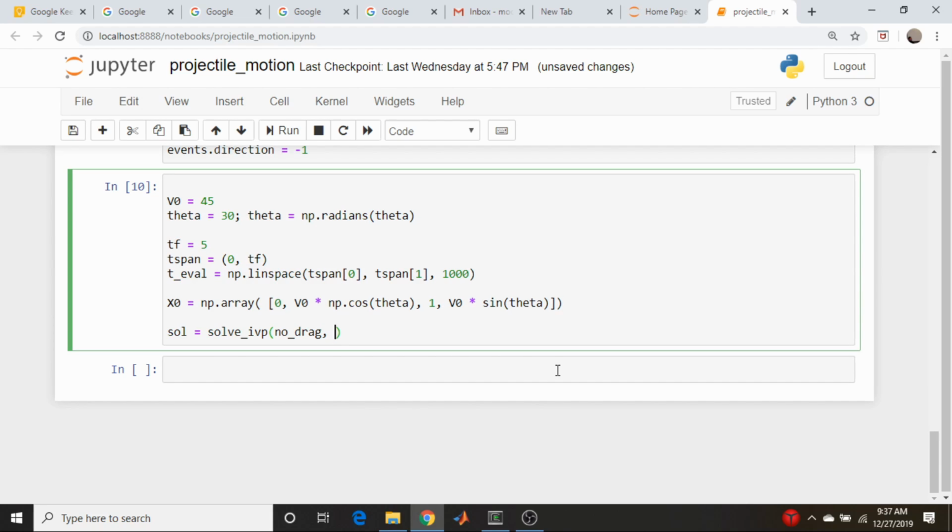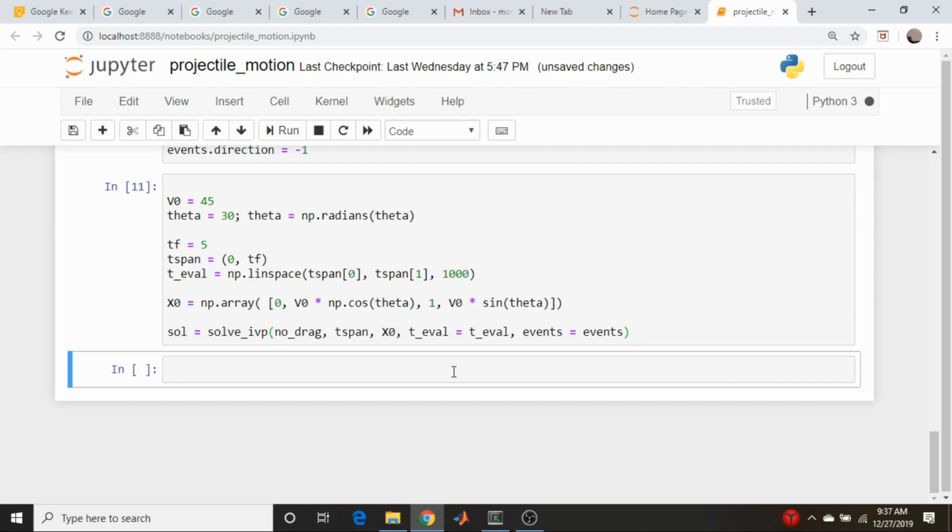Now we need to put in, I believe, the t-span, then our initial conditions, which I called capital X0, our t eval, and that's equal to t eval. And our events function is just called events, so I have to set events equal to events. Let's see if that actually runs.